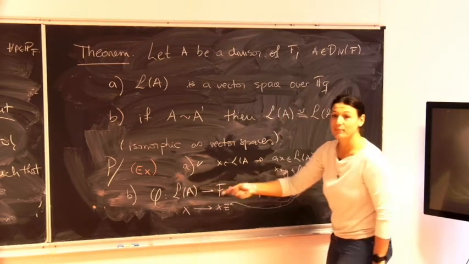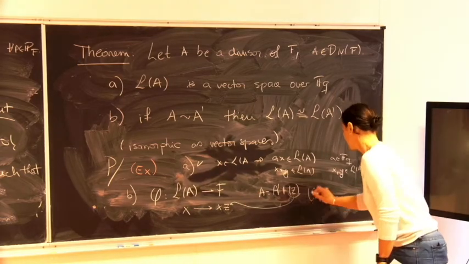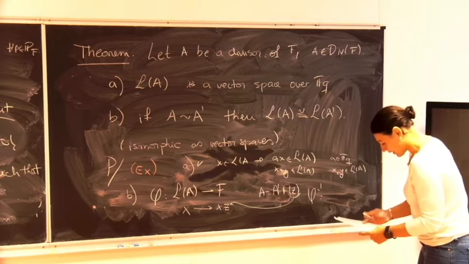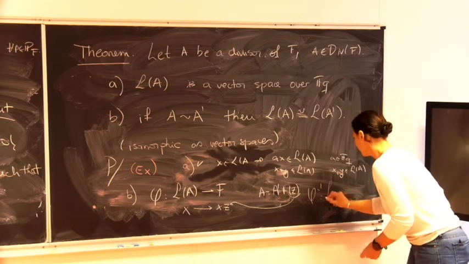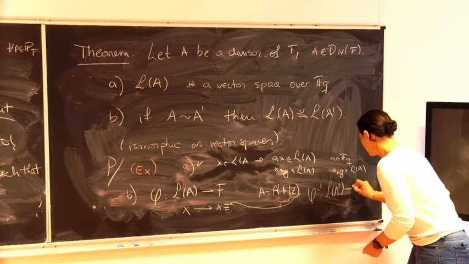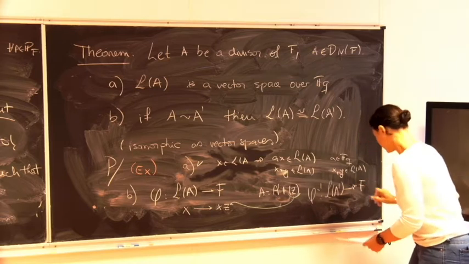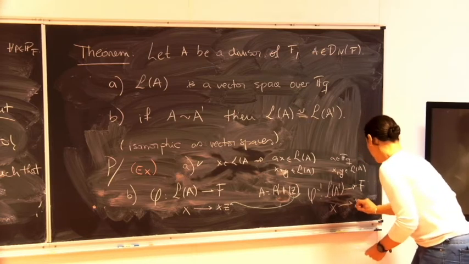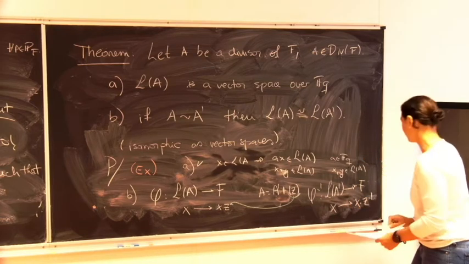And the inverse of that, you have to prove that everything is working okay, is from L(A prime) to L(A), and it's x times z to the minus 1.